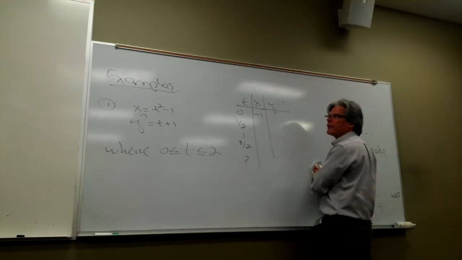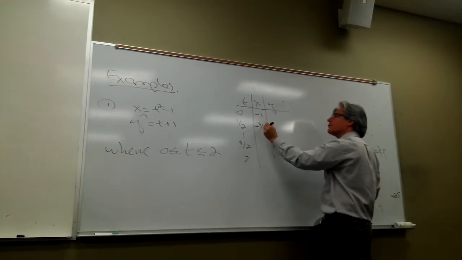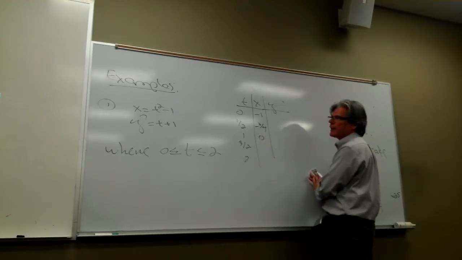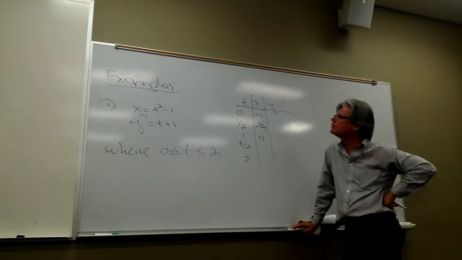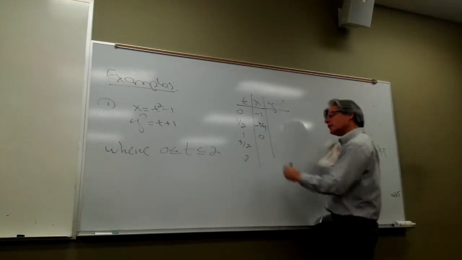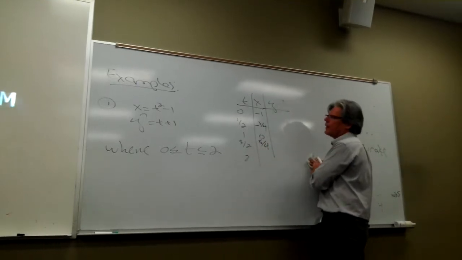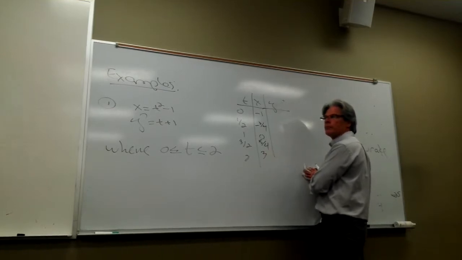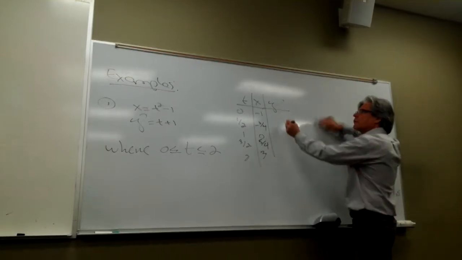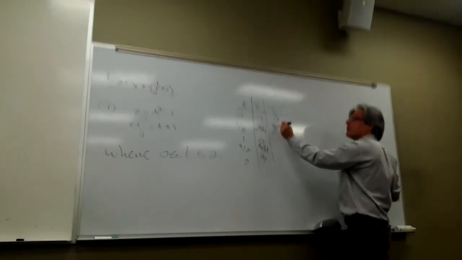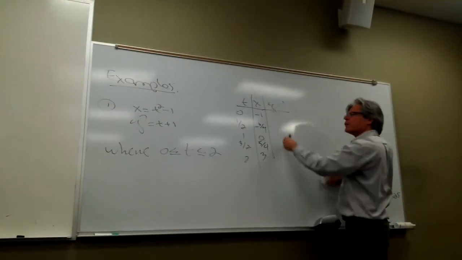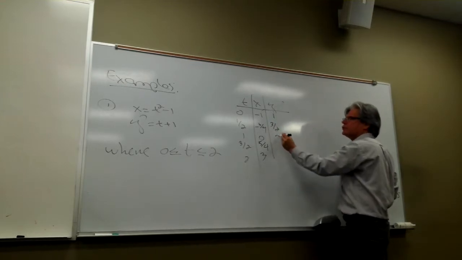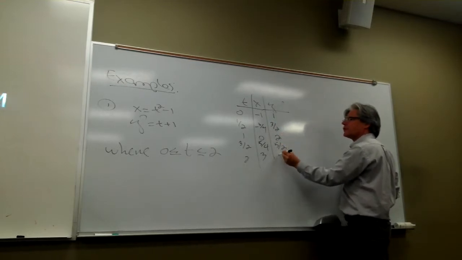If t is 1/2, I think x is going to be -3/4. If t is equal to 1, x is 0. If t is equal to 3/2, I have no idea what it is. Is it 5/4, I think? And then x is going to be +3. Whereas y ends up changing from 1 to 3. I misspoke, didn't I? Y ranges from 1 to 3/2 to 2 to 5/2 to 3.